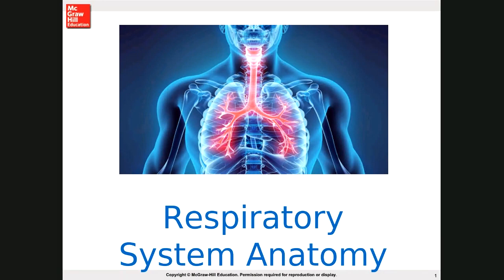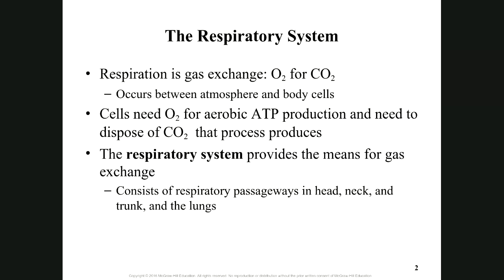In this part, I want to talk about the respiratory system anatomy, and after that, I will talk about the physiology of respiration for you. Respiration is gas exchange. We exchange oxygen for carbon dioxide, and it occurs between the atmosphere and our body cells.